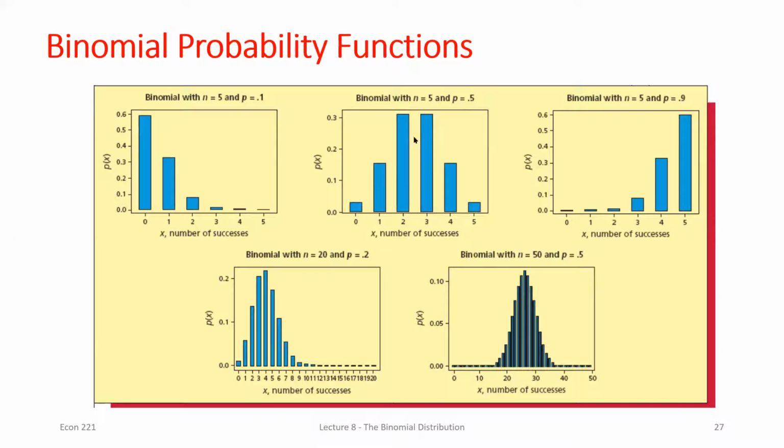So 2 and 3 are the most likely outcomes. And then as we move away from that mean in either direction, notice the probabilities of these outcomes, or these numbers of successes, start to decline. Okay? But at 0.5, this distribution is symmetric. Notice now those 2 most likely outcomes have the same likelihood of occurring, right?